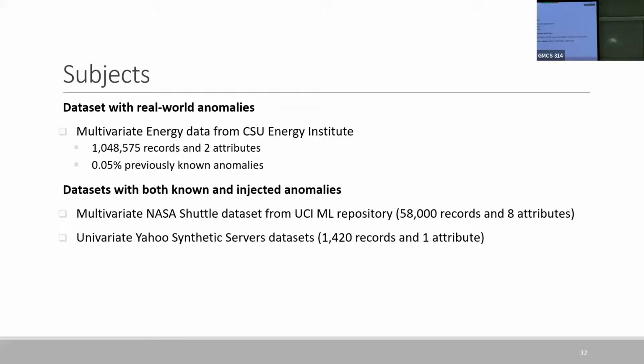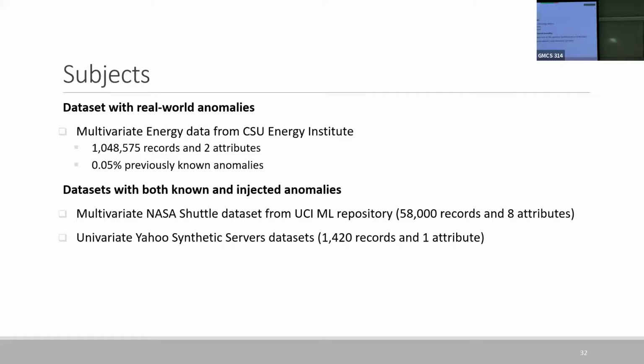For the real-world data set, we use energy data from the city of Fort Collins. So in that energy data, you see the number of records and the number of attributes. In those data sets, 0.05% of the records were known to be anomalous.